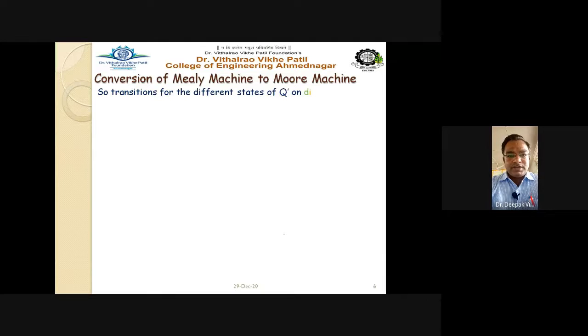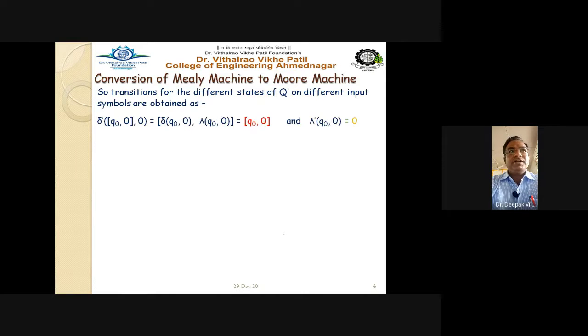The delta dash transitions for the different states of Q dash on different input symbols are obtained as follows: delta dash Q0 on 0 equal to 0. So see here, Q0 on 0, Q0 0, this is the state, and this is your input symbol. The formula says that you have to write in a square bracket delta Q0 comma 0 comma lambda Q0 comma 0, that is equal to.